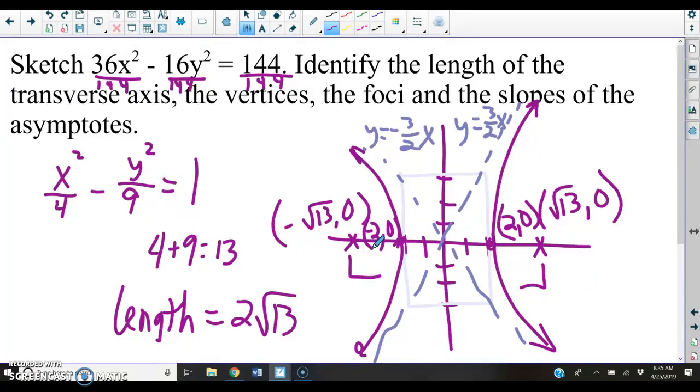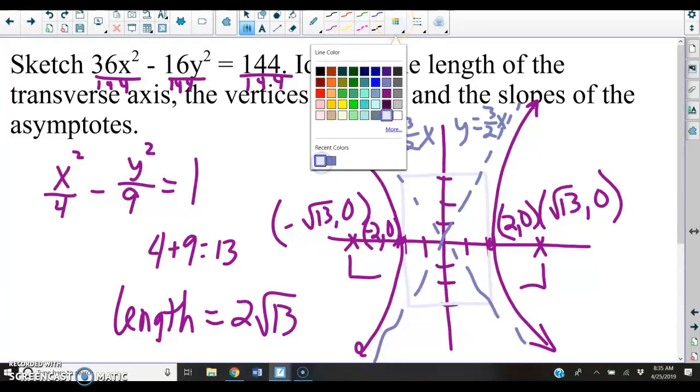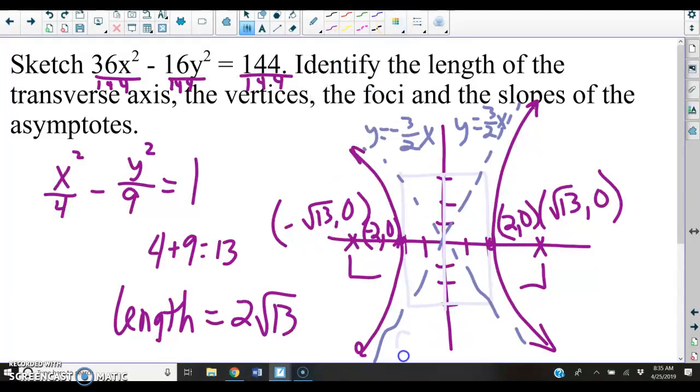Okay. And the slopes of my asymptotes, my conjugate axis, the conjugate axis is this one. So my conjugate axis, I'll put a J in there, is 6. Just in case that's asked for at any time.